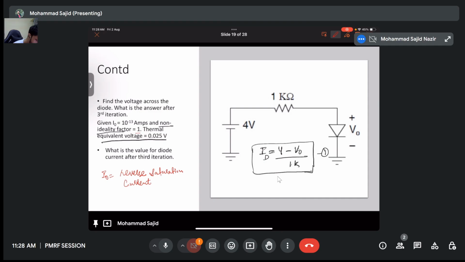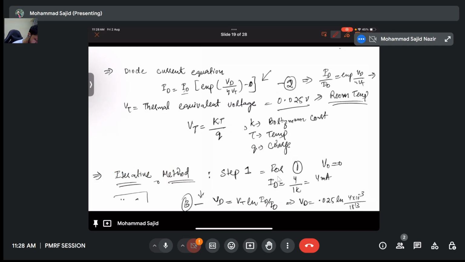Non-ideality factor is 1, and there is the thermal equivalent voltage. Okay, I understand this. So this is how the diode current equation goes: ID is equal to I naught times exponential of VD by n VT minus 1.